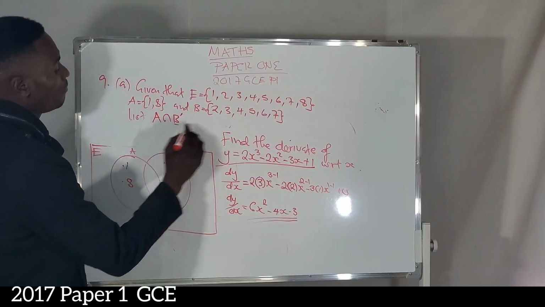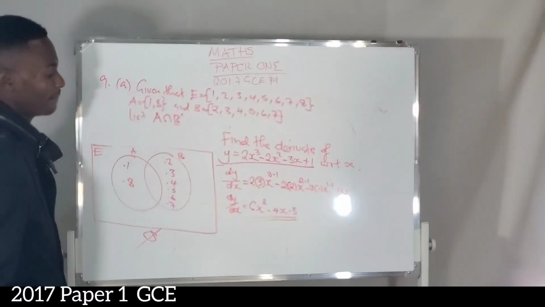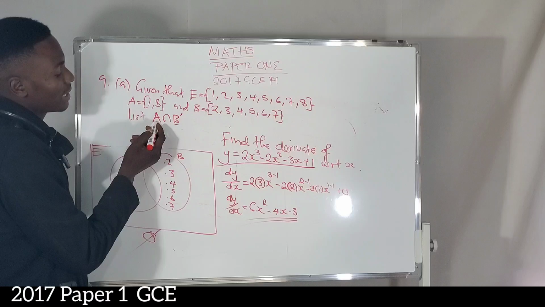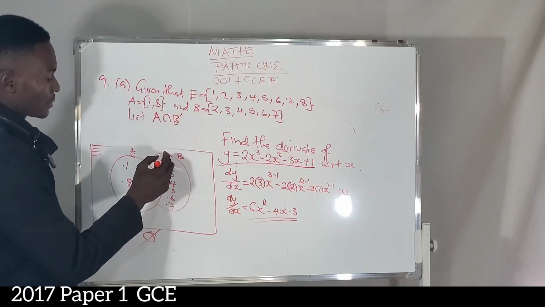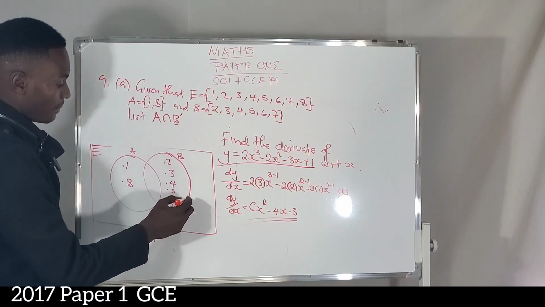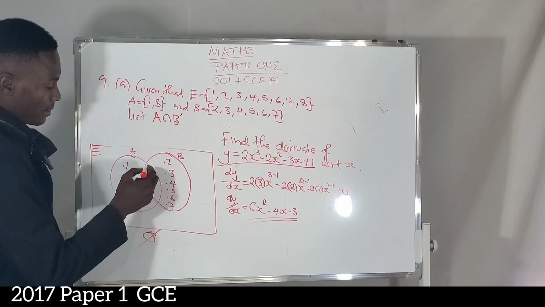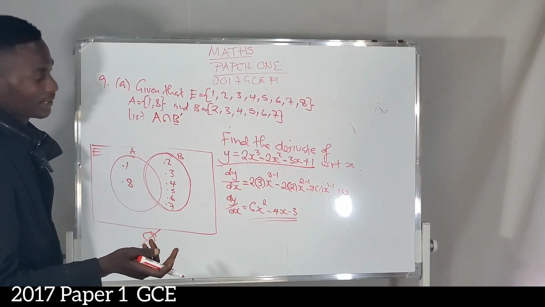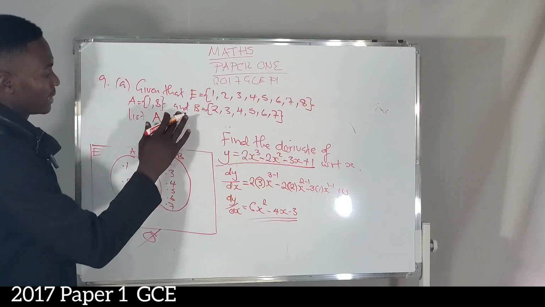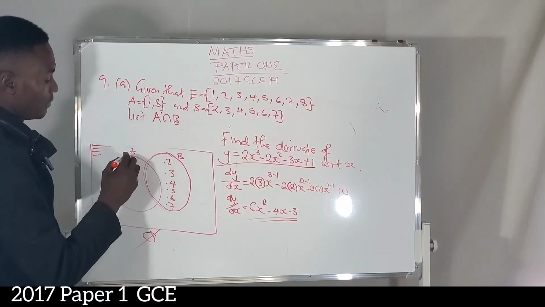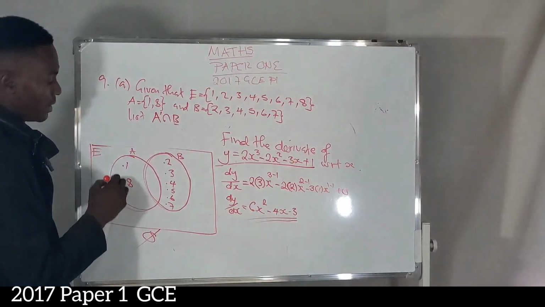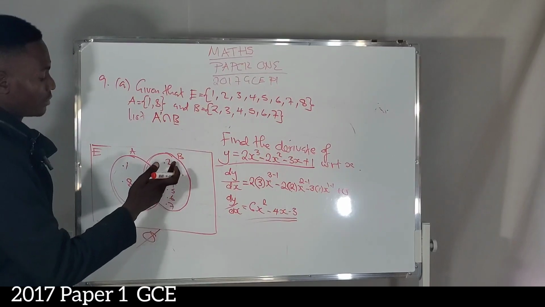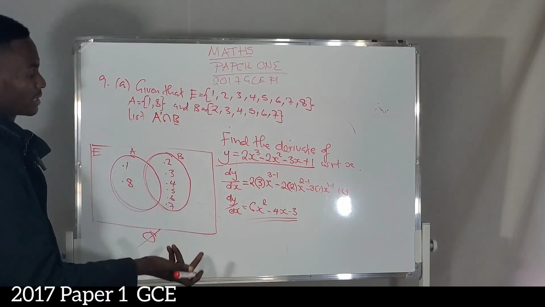It means remove B and just consider set A. If you remove B here, what are you remaining with? 1 and 8. The same as if the complement was on A: if you remove A here, you are remaining with 2, 3, 4, 5, 6, 7.